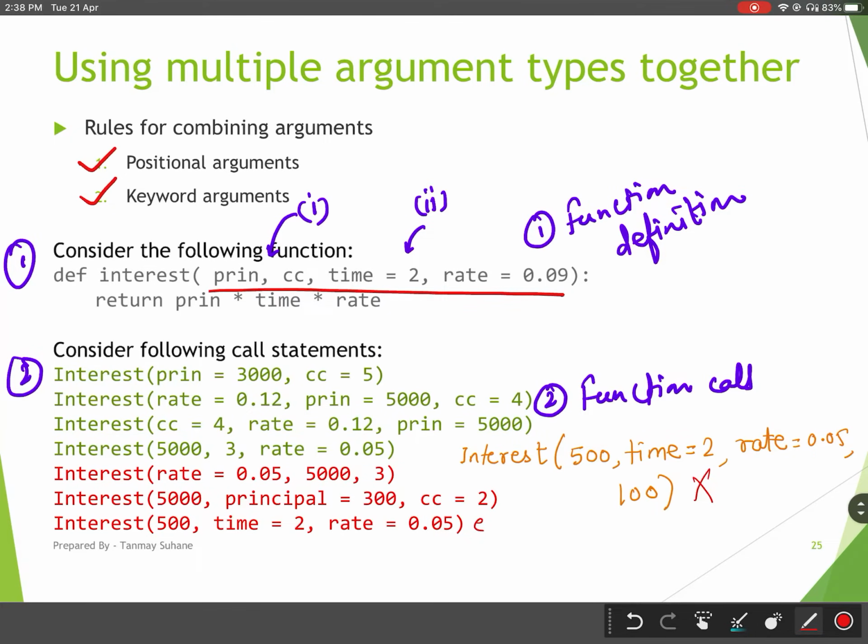Now a question for you. Let us write our question. You have to find whether this function call is correct or not.